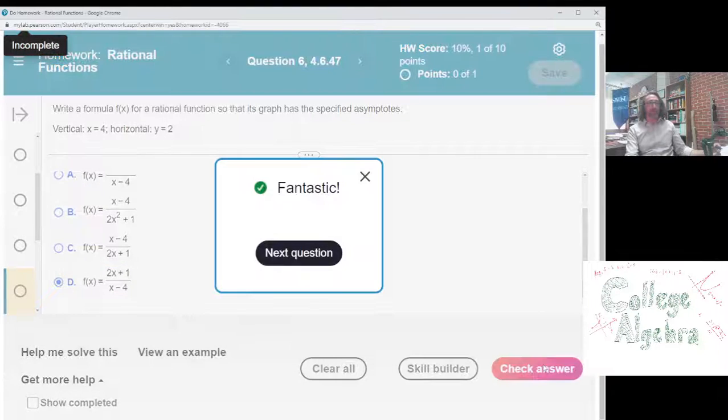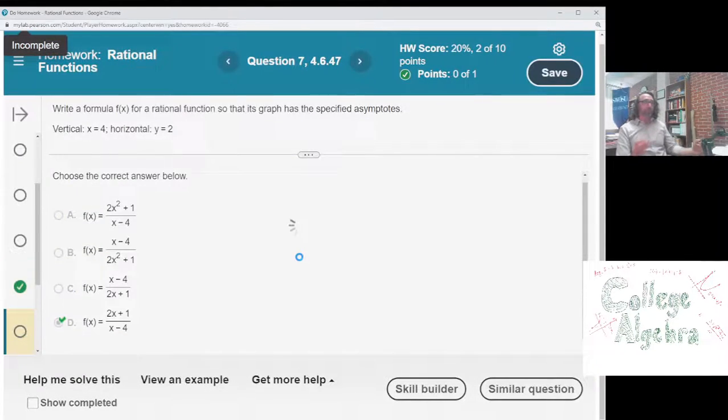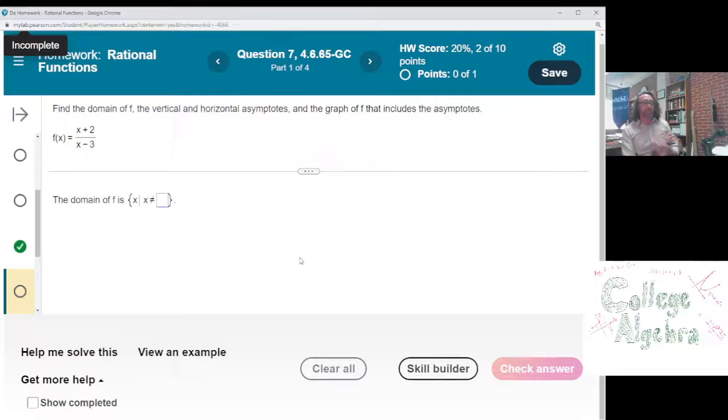There's your answer. So, given what we know about rational functions, I can give you the formula and ask you to draw me the graph, labeling the vertical and horizontal asymptotes. Or I could give you the graph and ask you to tell me about the formula, which is what we just did.